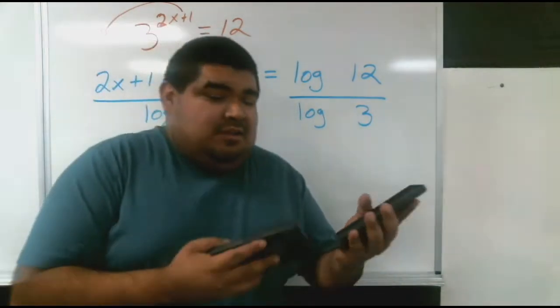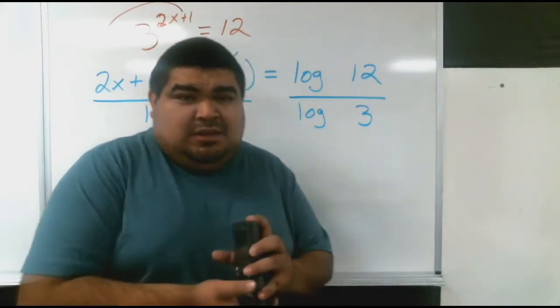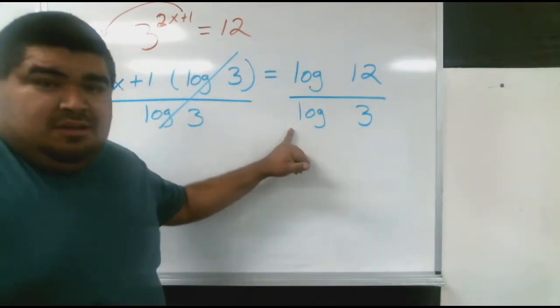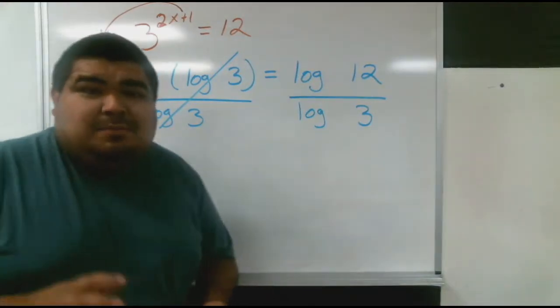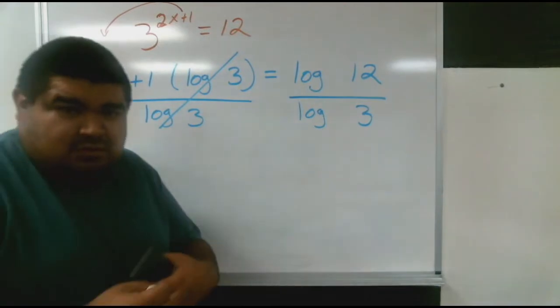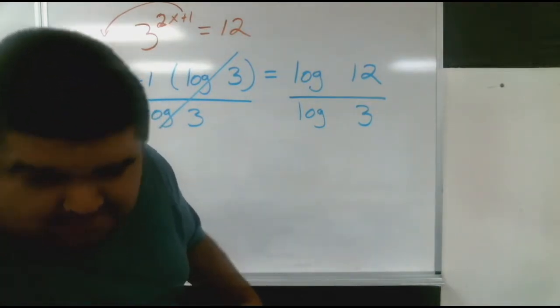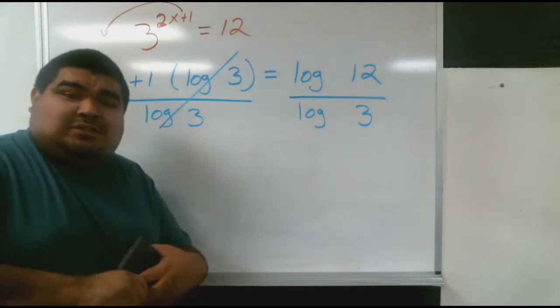So with my calculator in hand, we can do one of two things. We can either solve for this now, or we can type it in all together. I like to type it in all together, because this way you have everything on one side.